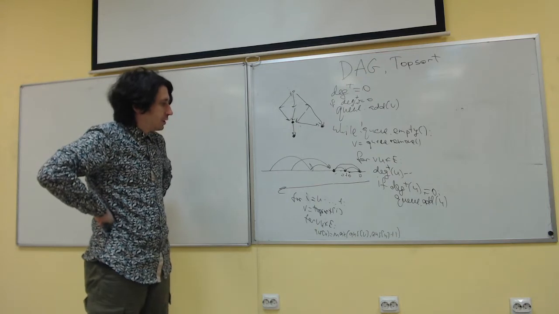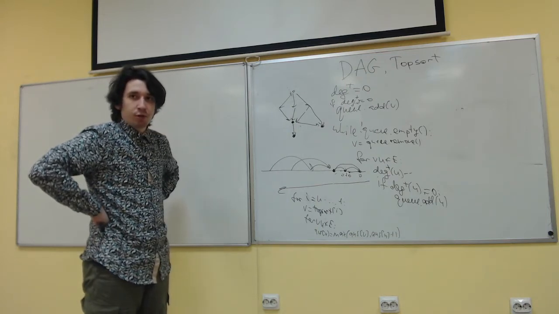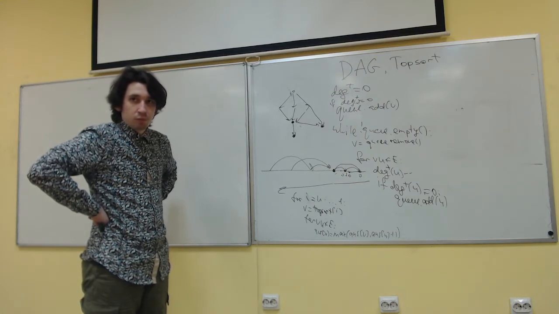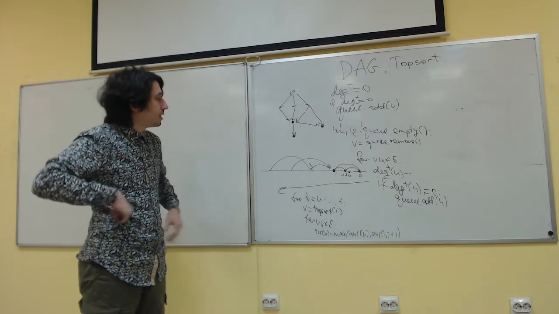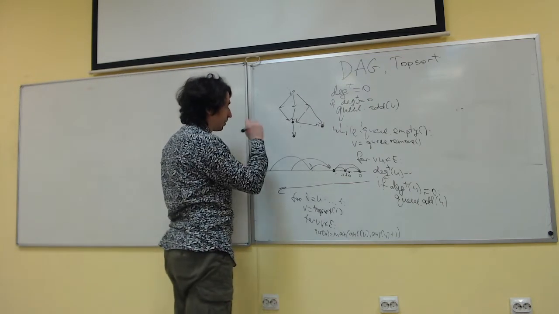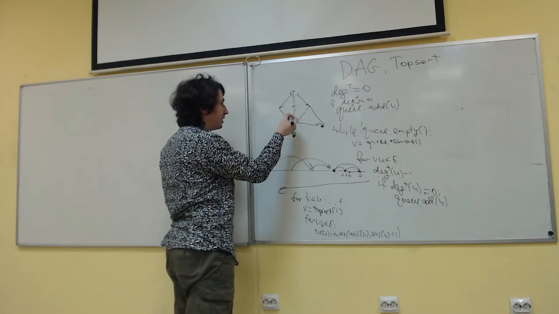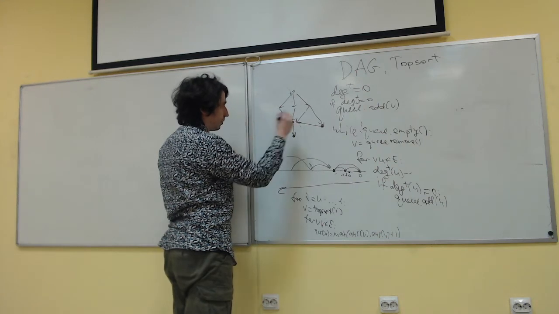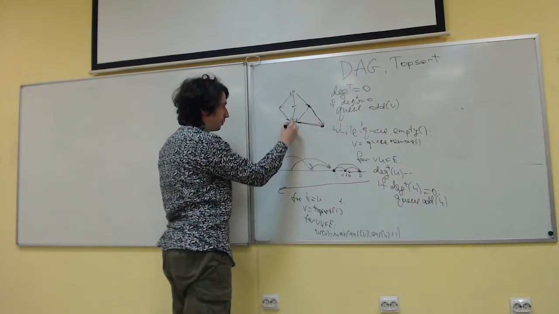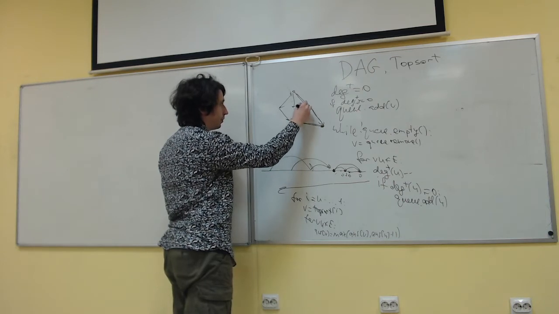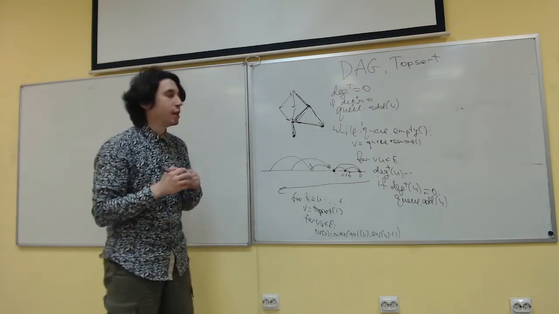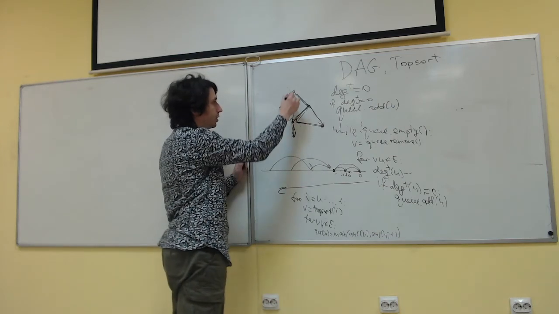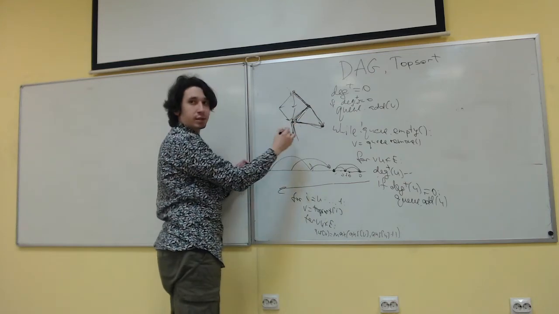Okay. A similar question: how to find the number of different paths in a directed acyclic graph? The paths are different. So for example, suppose we have this path, and I don't know, this path. Between some two vertices there could be more than one path, because between this one and this one there is a path like that, and there is a path like that.